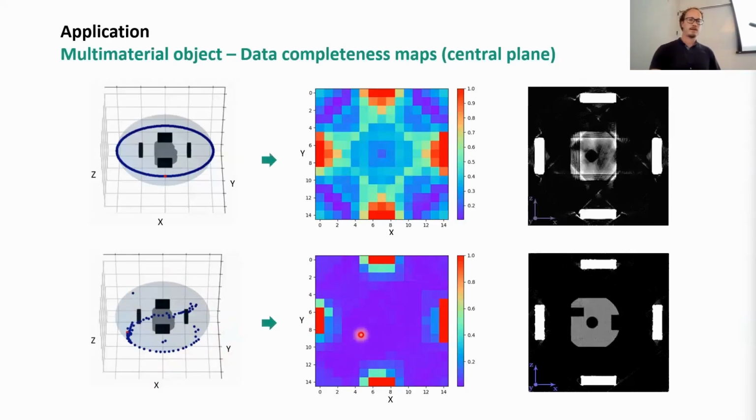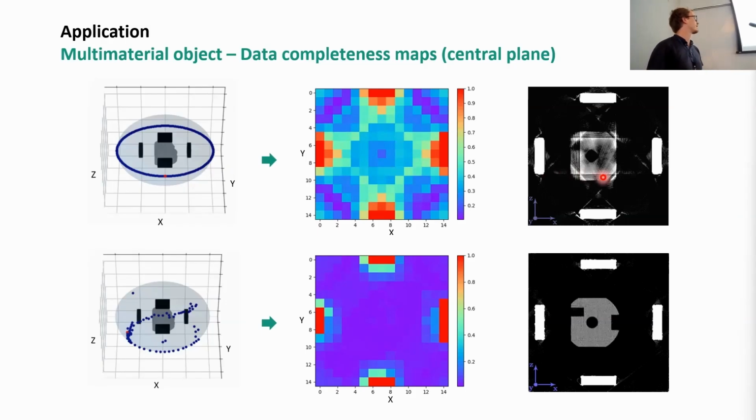And here are the results, the data completeness maps and the reconstructions. First of all, we can see that in both cases, near the metal, there just is no information if I do not regard these X-rays. However, due to the geometry and that I disregarded the strongly attenuated X-rays, there are a lot of regions where there's not enough information. And we can see that here.